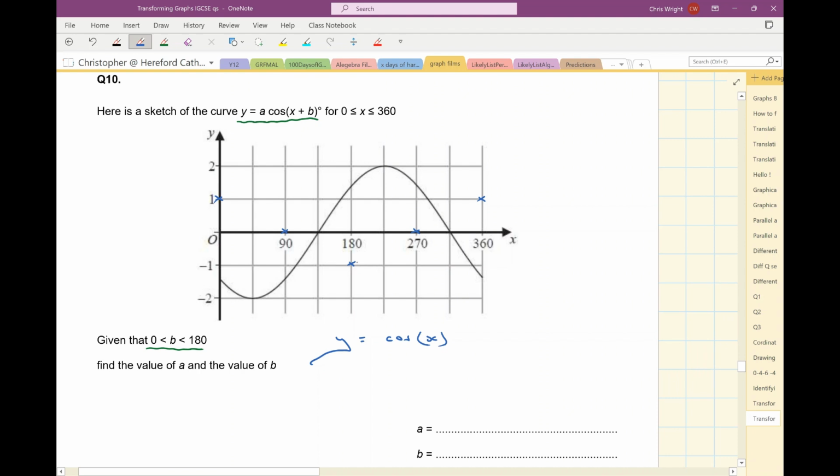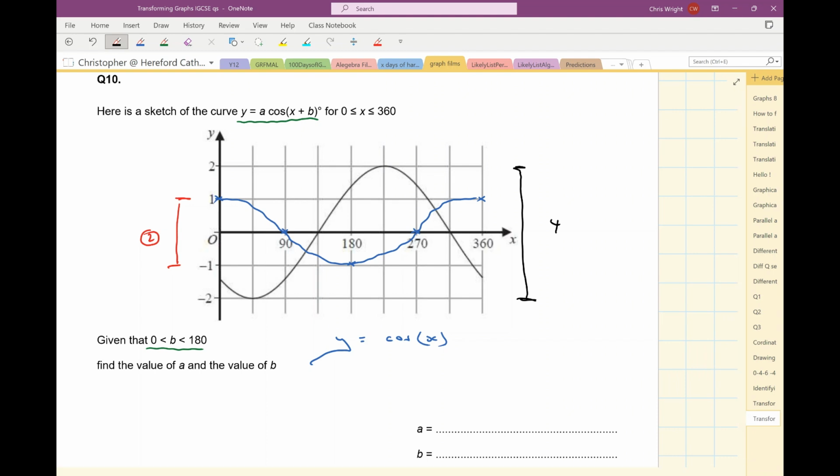So I'm going to draw that, and now I'm going to ask myself how I could transform my blue curve into my black. Well, first of all, let's have a look at the range of my curves. Now, this blue curve has a range of 2, and the black curve has a range of 4.